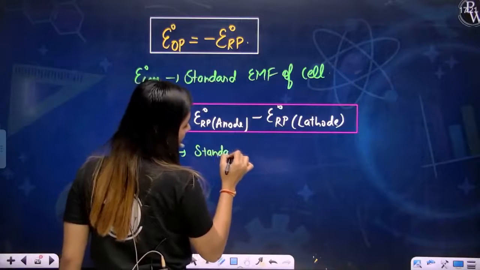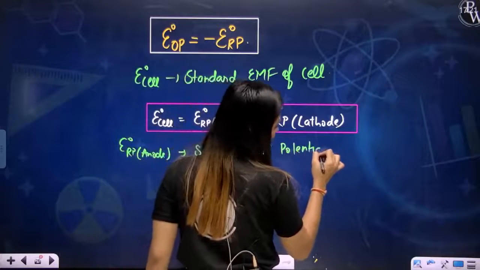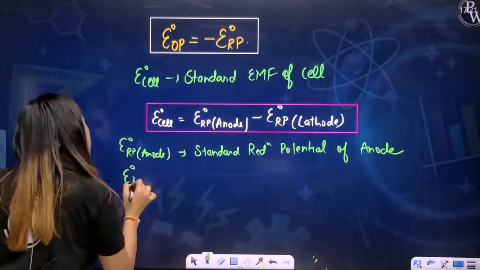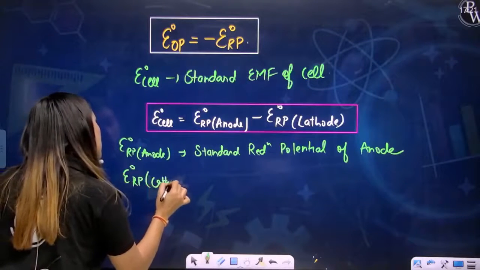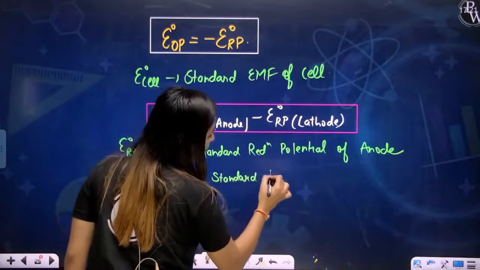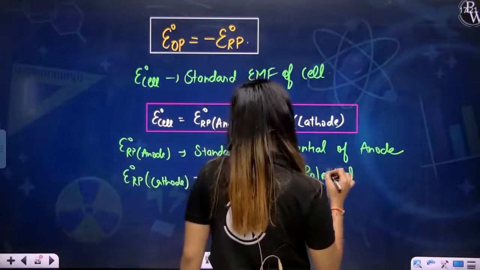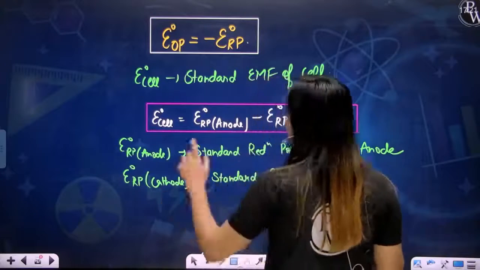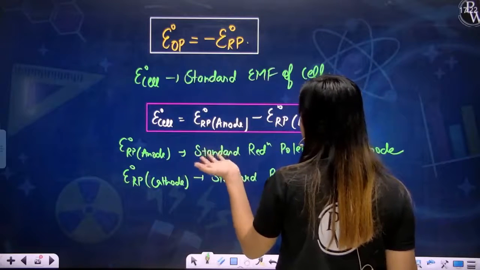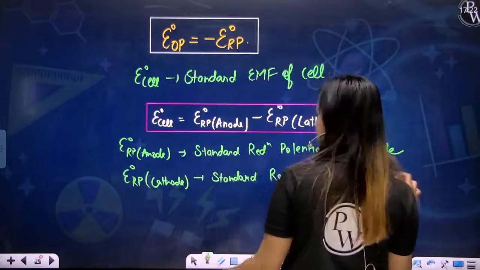the standard reduction potential of anode, and E naught RP of cathode is the standard reduction potential of cathode.